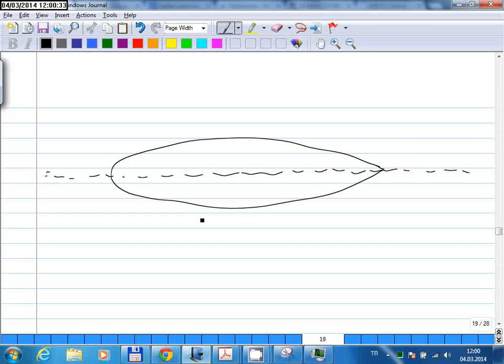By the way, I'm making this up completely. The pressure will be the highest at the nose, right? That will be getting smaller. Again, I'm just making this up completely. And then the same pressure will be on the lower side as well.